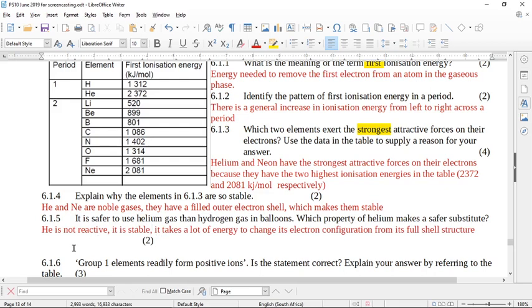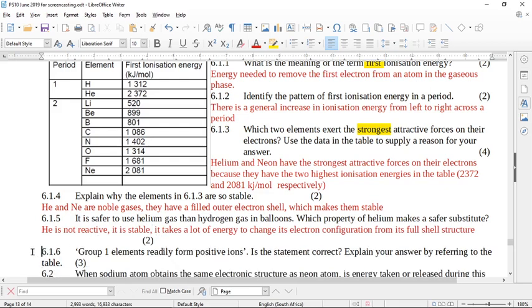Then it says to you, group 1 elements readily form positive ions. Is this statement correct? There is only one group 1 element here if you count lithium. Hydrogen is sort of group 1 but not really.